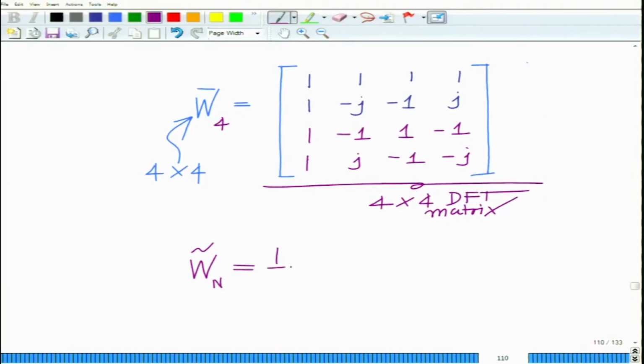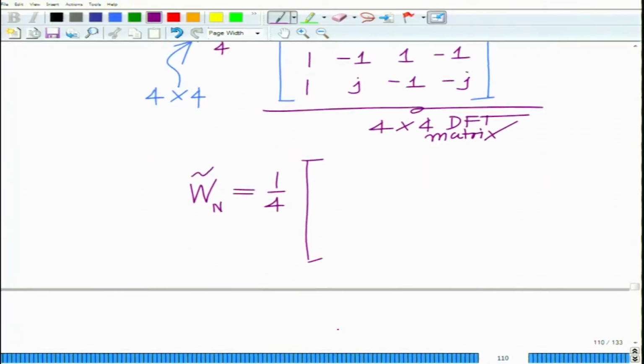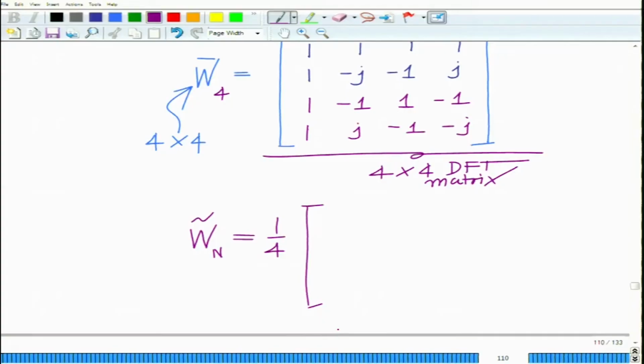Now, the IDFT matrix, here n is equal to 4, let me call this Wn tilde, you can write this as 1 over 4, and remember, to get the IDFT matrix I do not need to go through the entire computation once again, I can just take the conjugate of the DFT matrix, and that gives me the IDFT matrix. So that is very simple.